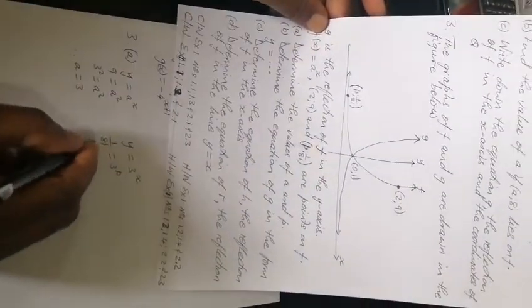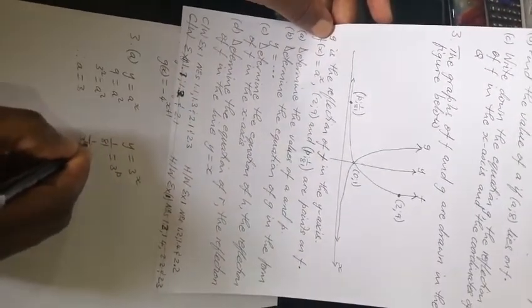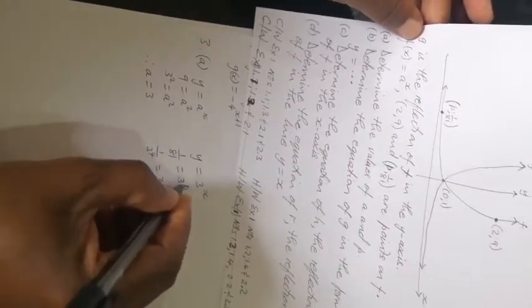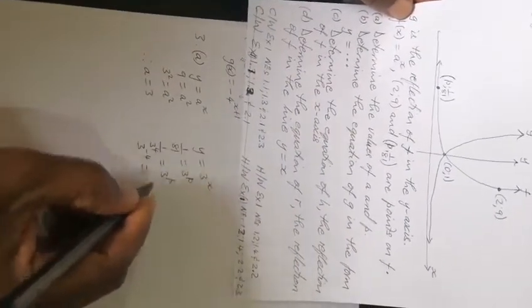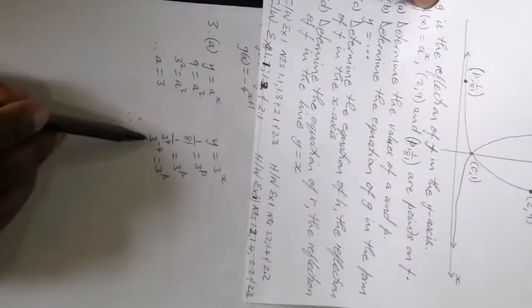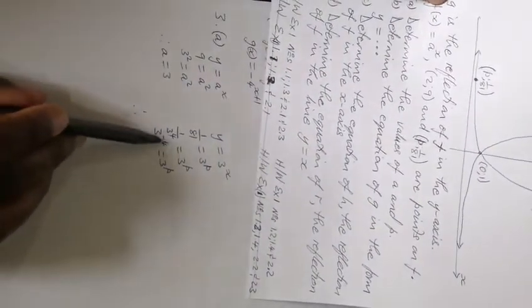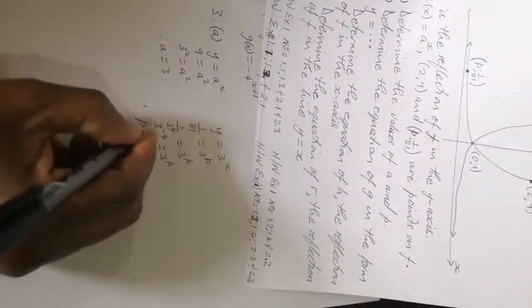Now, this is 1 over 3 to the power 4 is equal to 3 to the power p. Please take note of that. And this is 3 to the power minus 4 is equal to 3 to the power p. Therefore, again, bases are equal, so powers must be equal. p is equal to minus 4.